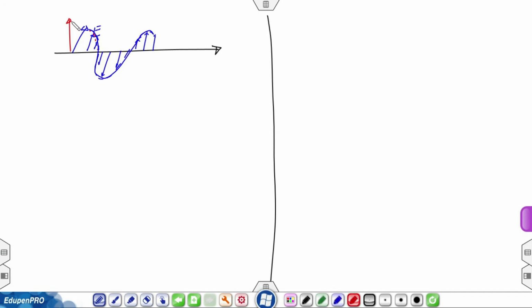And B would look like this, and is going in this direction. The time averaged energy, if I were to plot energy content, so energy density, which I will call U_EM time averaged, is a constant.